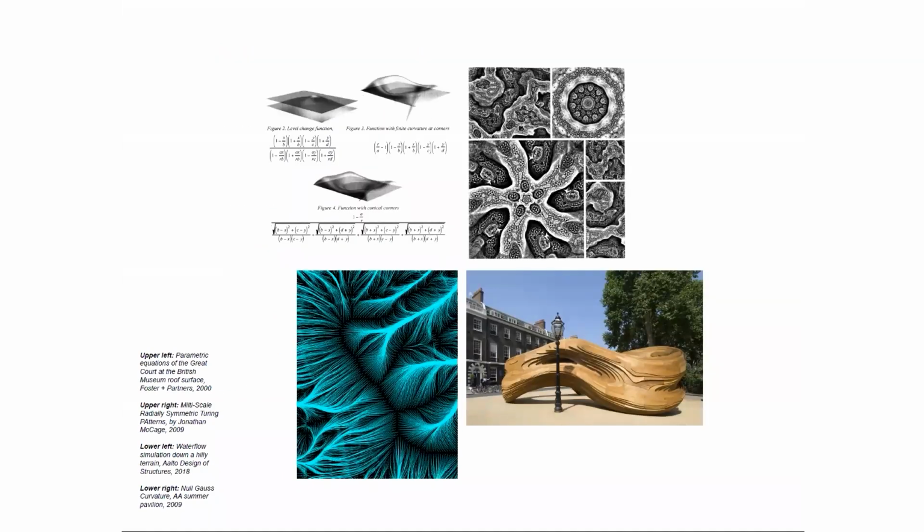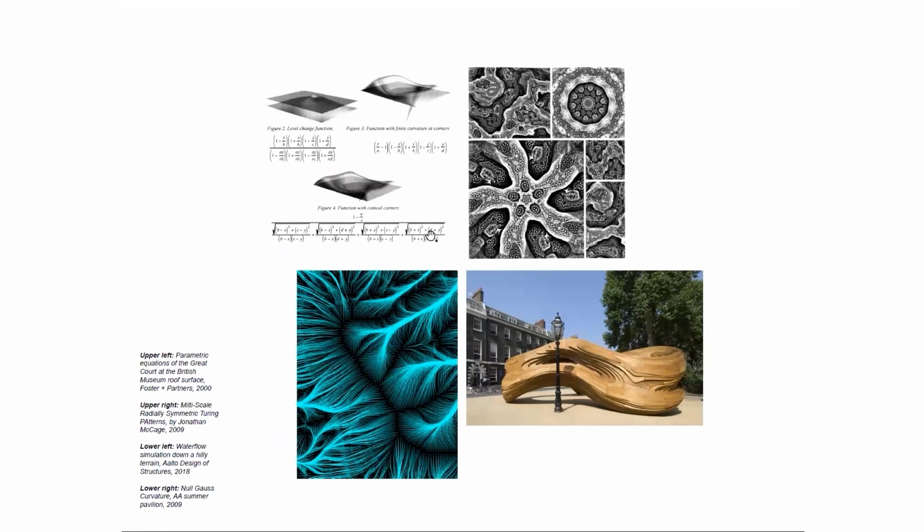And so this is the work, for example, from Foster and Partners 21 years ago already. The Great Court at the British Museum, where there's basically a formula that describes the surface. So this is a way of parametrizing a surface, or there's a parametric equation that basically describes what the surface looks like.